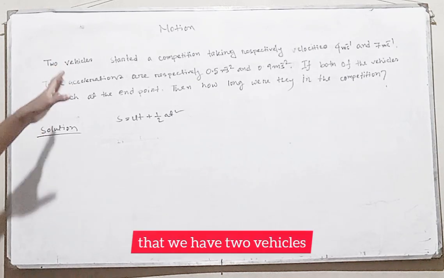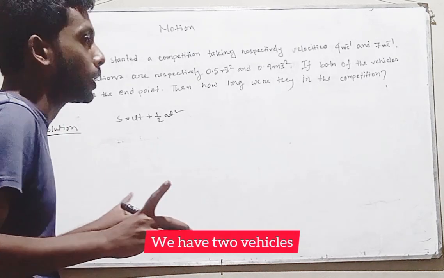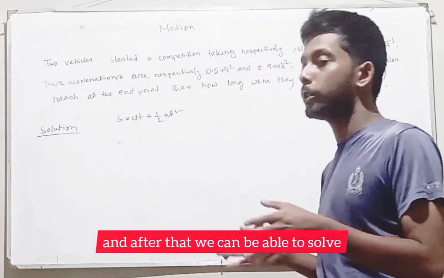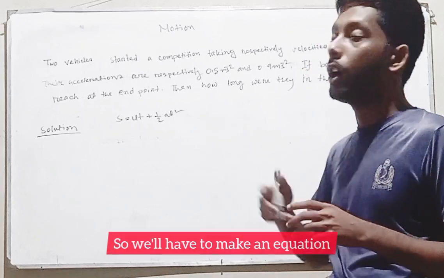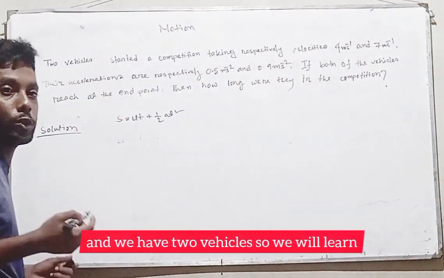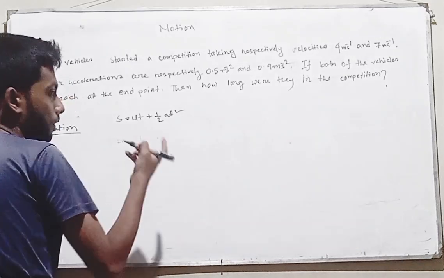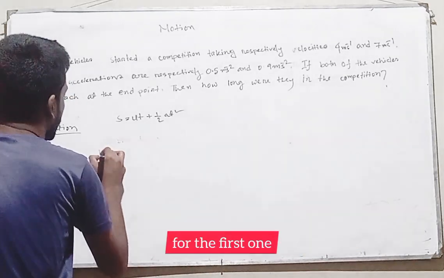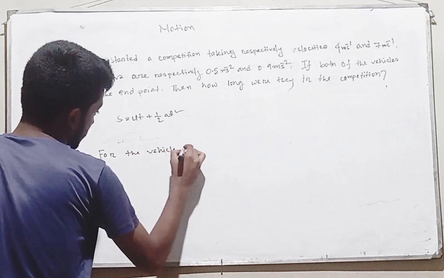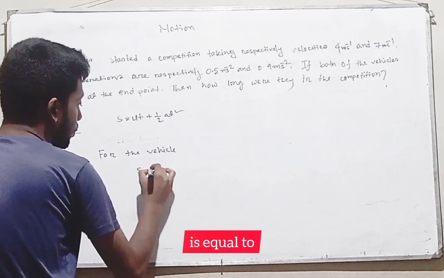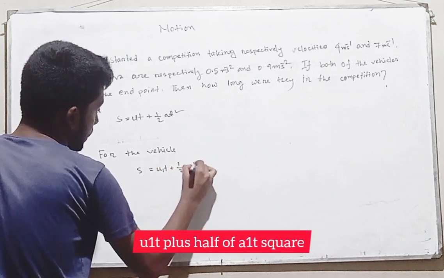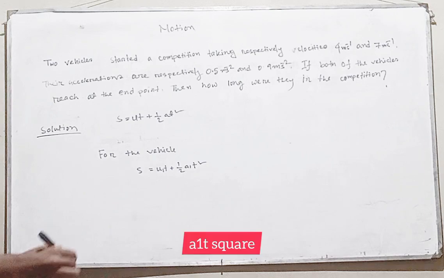You're noticing that we have two vehicles. We have two vehicles, then we'll have to set up an equation, and after that we will be able to solve this question. So we'll have to make an equation. And we have two vehicles, so we will let first one and second one. For the first vehicle we can write h is equal to u1t plus half of a1t squared.